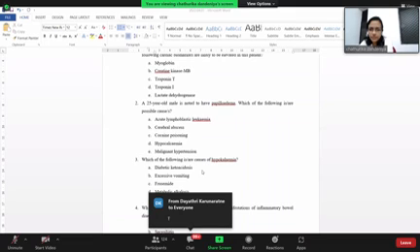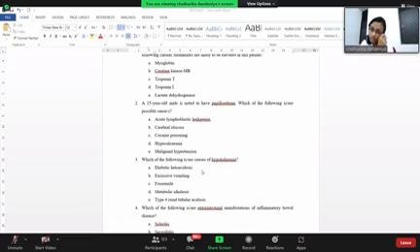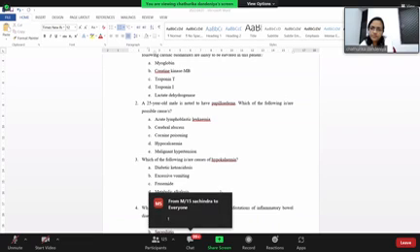Metabolic alkalosis is also true. Again, it is to do with the potassium hydrogen channel. Okay. Next one, type 4 renal tubular acidosis. Type 4 RTA.